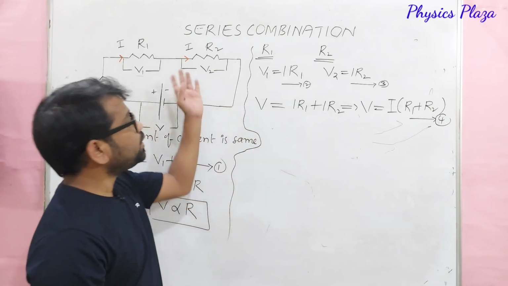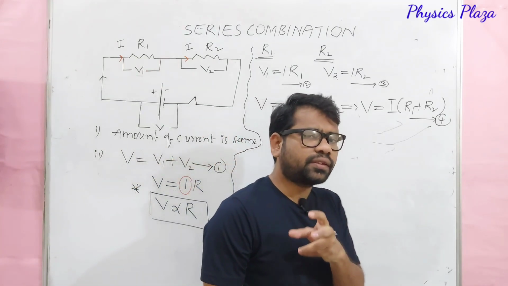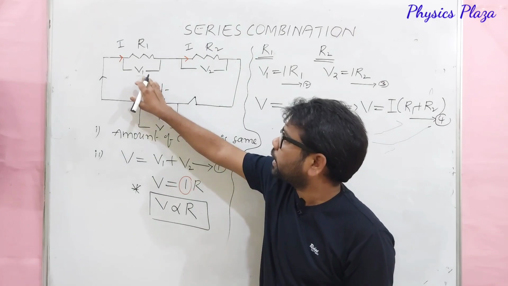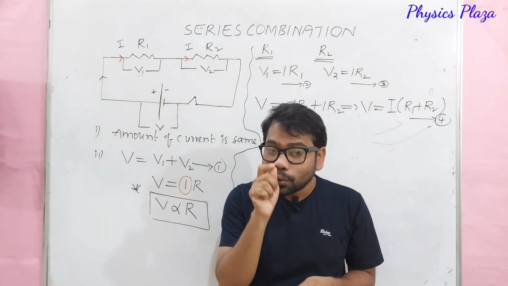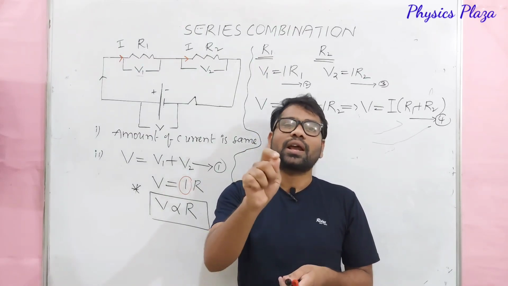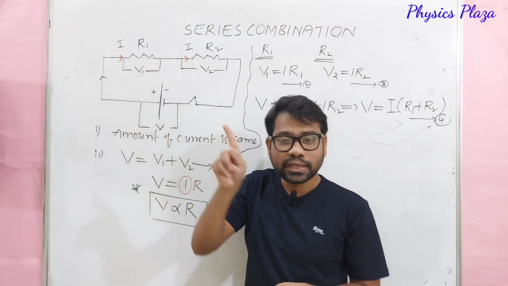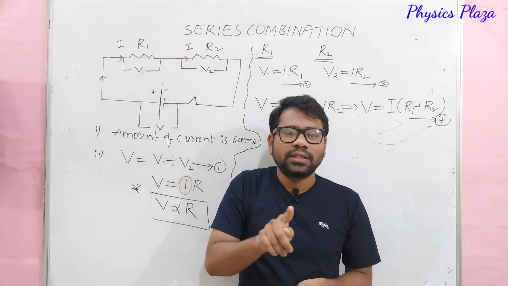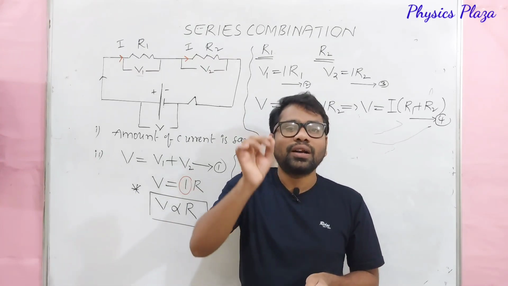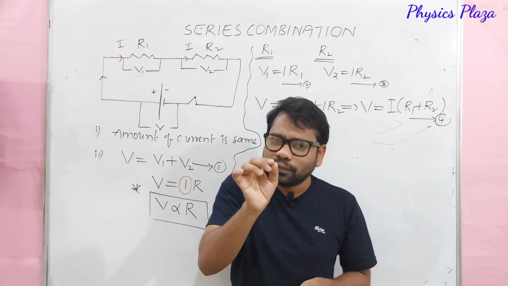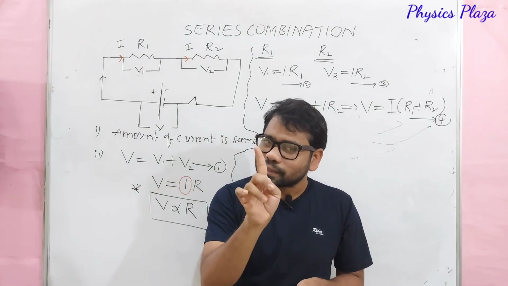But dear children, here how many resistors are there? Two resistors are there. If in this combination these two resistors can be replaced by one resistor, so that there is no change in the resistance in the circuit and the current in the circuit, it's very important, children. When you can replace these two resistors with a single resistor in such a way that there shouldn't be any change in the amount of current or the amount of resistance, then these two resistors can be replaced by a single resistor.